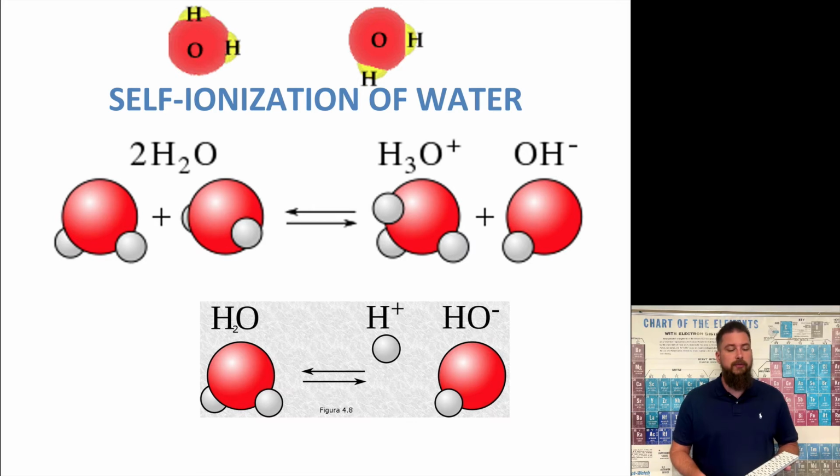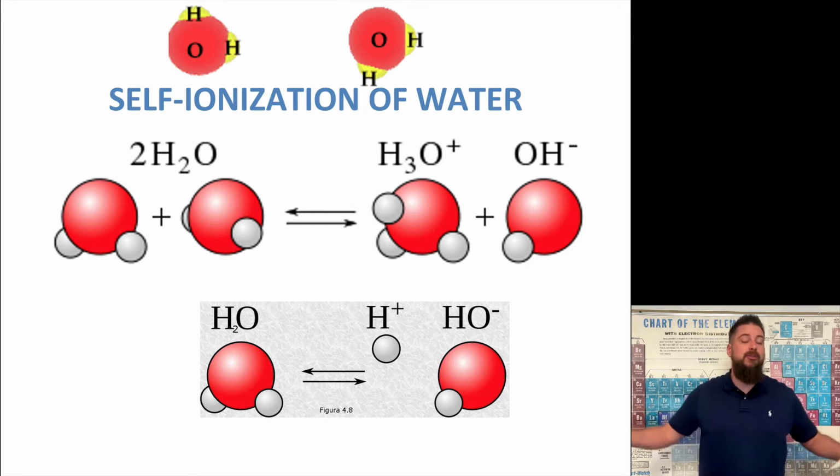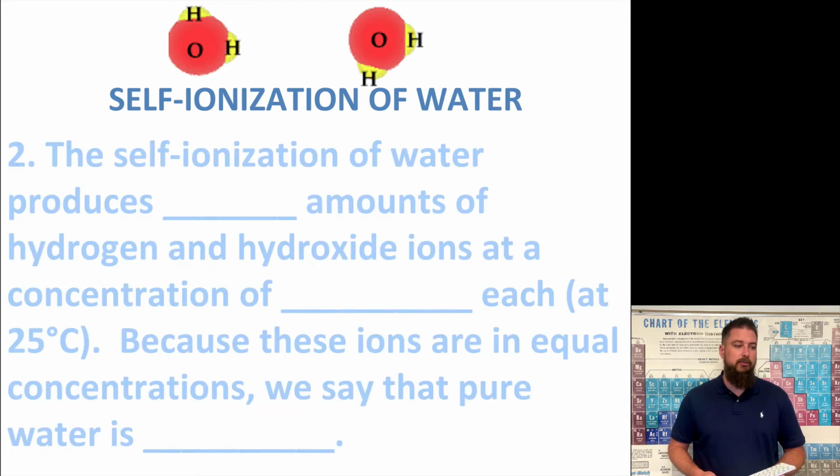Another way of thinking about it is one water molecule where the hydrogen ion separates from the hydroxide ion, and you think of it as adding a hydrogen ion and a hydroxide ion to the solution. But again, the top one is probably the best way to think about it.